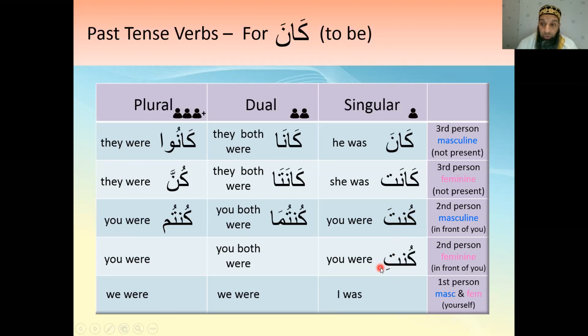Kunti means you were, to a woman. Next one. Remember, the endings are the same as the regular table. The endings don't change. It's just the start of the verb that changes because it's not going to fit. Again, kuntuma, it's the same. Katabtuma, it's the same. Last one, next one.